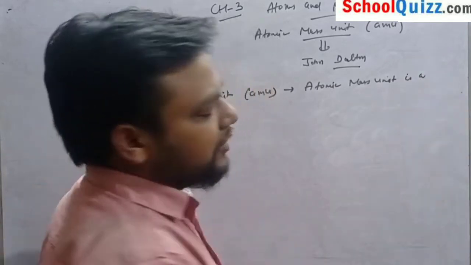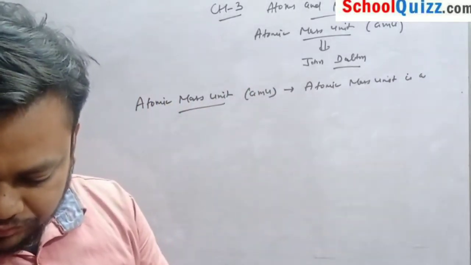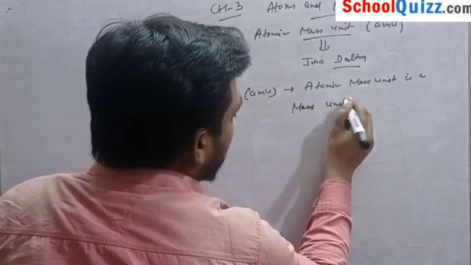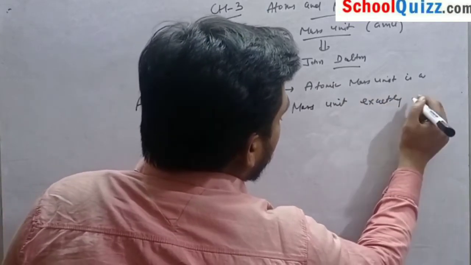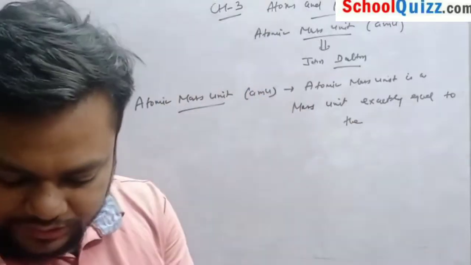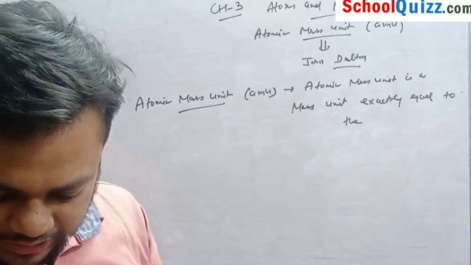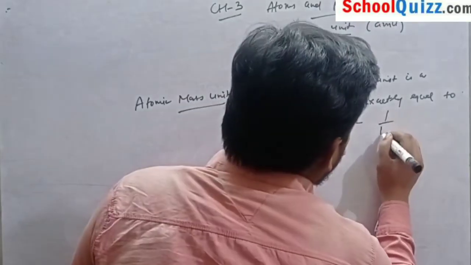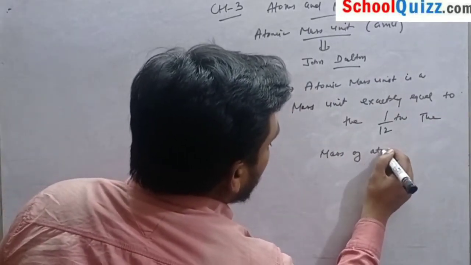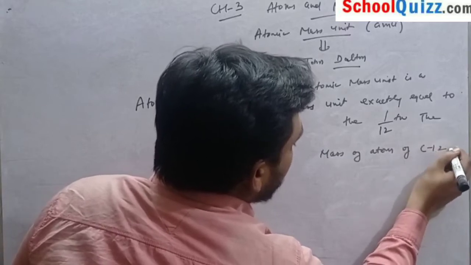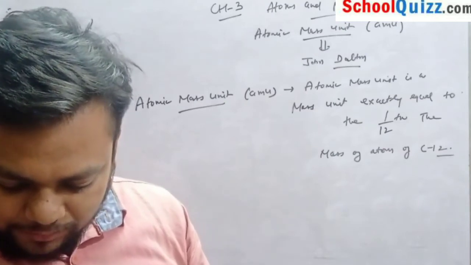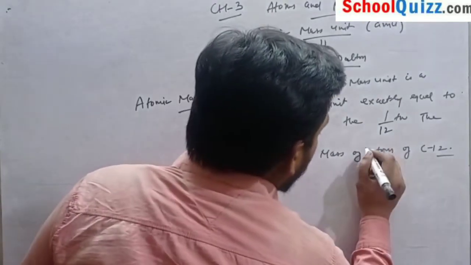Atomic mass unit is a mass unit exactly equal to 1 by 12th the mass of one atom of C12.